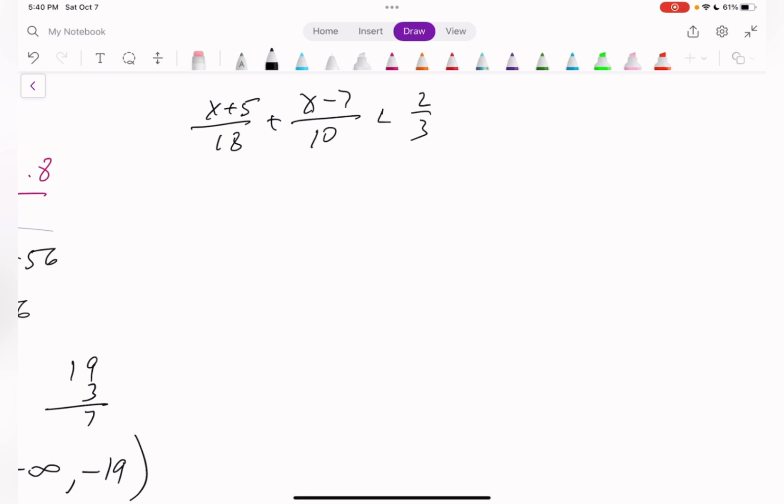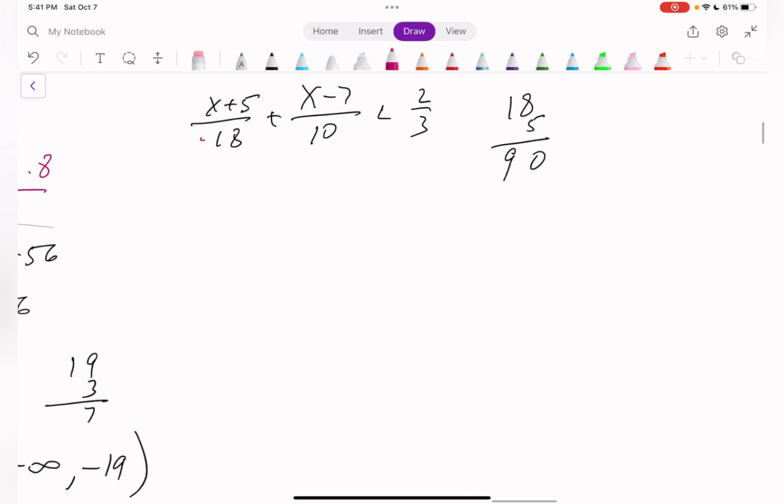So what do we have? 18, 10, and 3. It must be a number that ends with 0, because only a number that ends with 0 we can divide by 10, right? For the common denominator. So let me see. If I multiply 18 by 5, it's going to be 90. Okay, 90 you can divide by 18, by 10, and by 3. All right, so multiplying by 5.